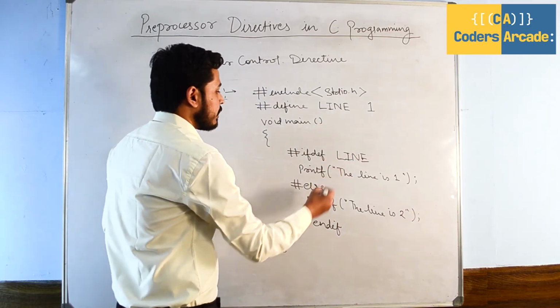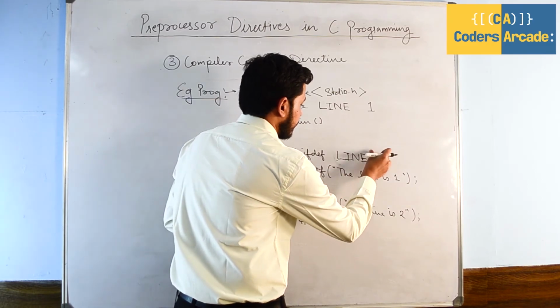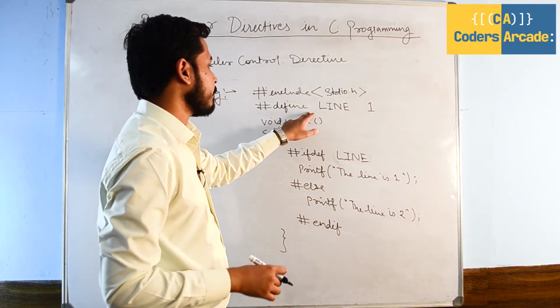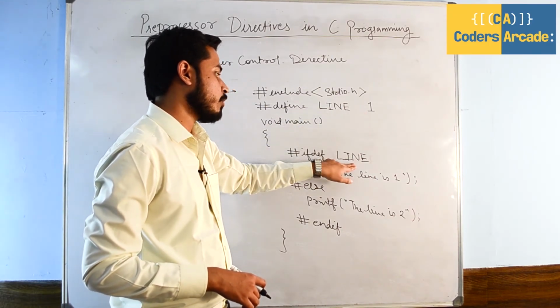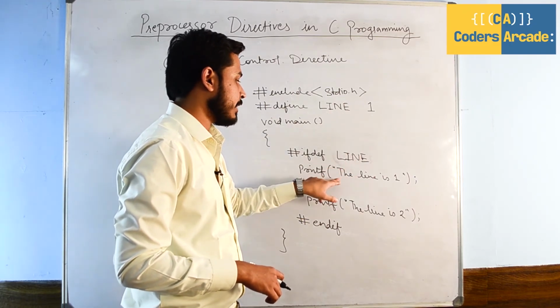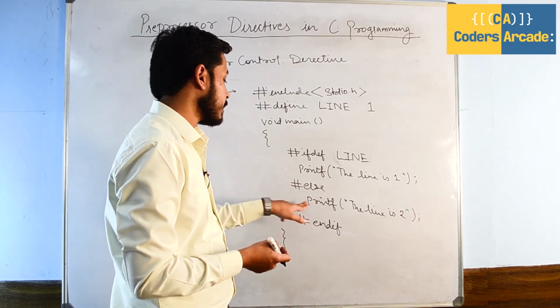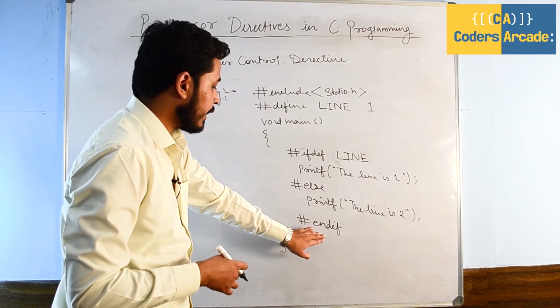Just because we are using #define line 1, instead of line it will be swapped with 1, and then in printf, if it is 1, then it will say the line is 1. If it's not 1, then else printf the line is 2, and then #endif.